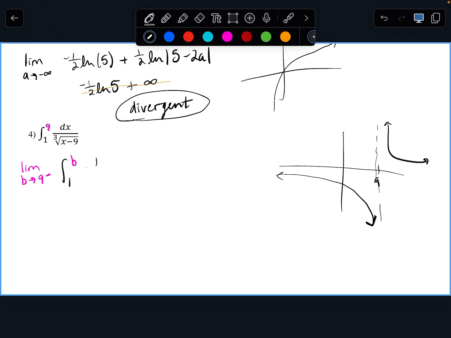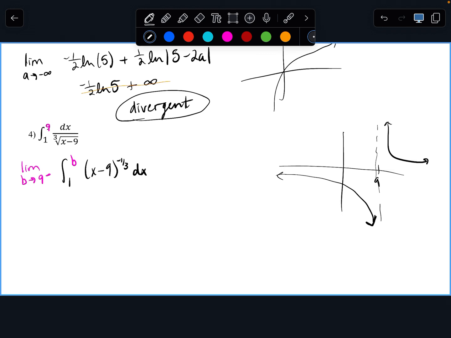I don't like that dx there. It makes me nervous. You know what I'm going to do? I'm going to do this. That's easier for my brain, because then I don't have to do my u sub. You treat this the same as if it was x to the negative 1/3.